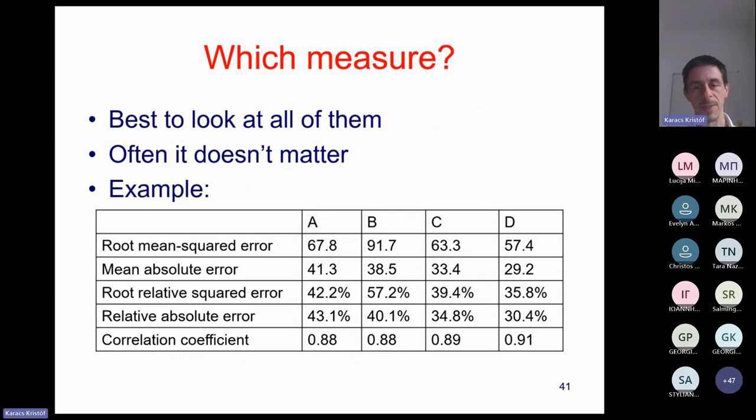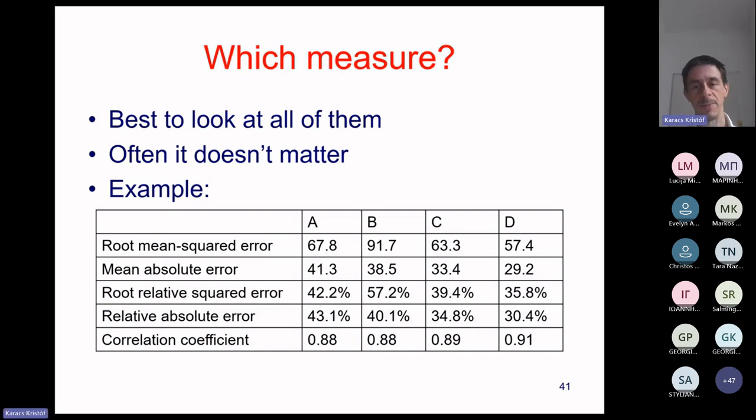And similarly to classification, it's better to use more than one measure. If you can use multiple performance measures, then it's easier to select the model that you would like to go and use in your live system.